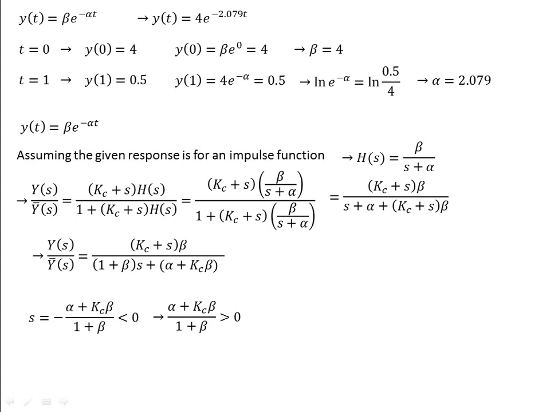From the first part, we know that beta is 4. It has a positive value, so 1 plus beta is bigger than 0. In order for the total fraction to be bigger than 0, alpha plus Kc beta should be bigger than 0. If I solve this inequality, I get Kc should be bigger than minus alpha over beta. So for values at which Kc is bigger than minus 0.52, the system will be stable.